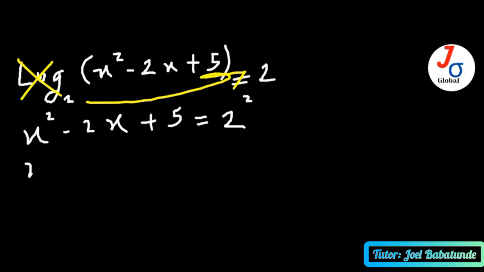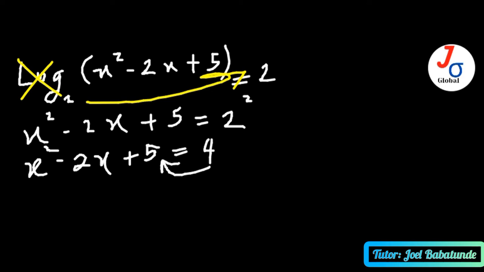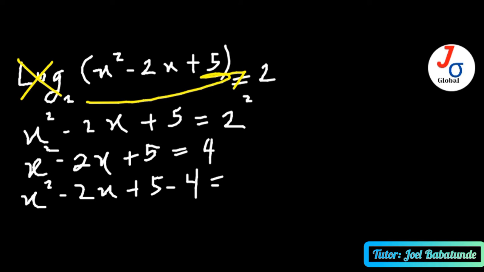So I have x squared minus 2x plus 5 equals 4. And so I'm going to bring 4 to this side, and then I have x squared minus 2x plus 5 minus 4 equals 0. So I have x squared minus 2x plus 1 equals 0.